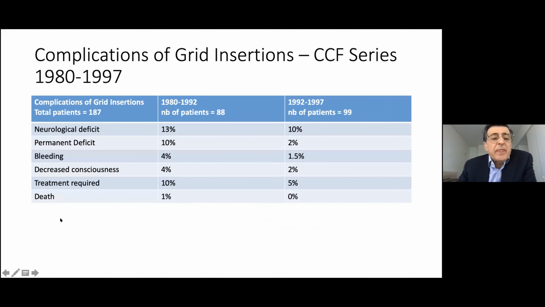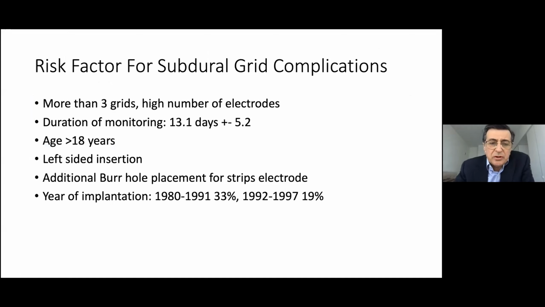And you can see that neurological deficit dropped from 13% to 10%, permanent deficit dropped from 10% to 2%, bleeding 1.5%, and decreased consciousness 2%, treatment required in 5%, and deaths 0%. And this is commensurate with more recent series published in the literature.